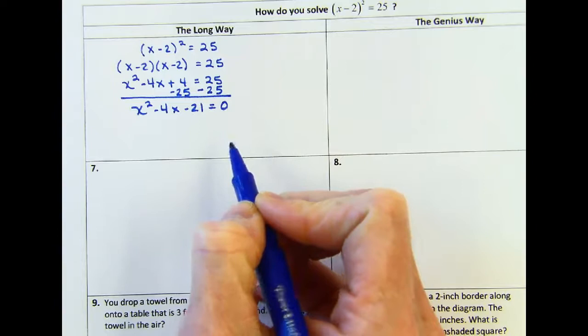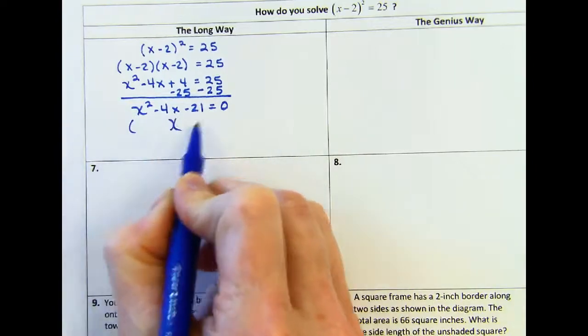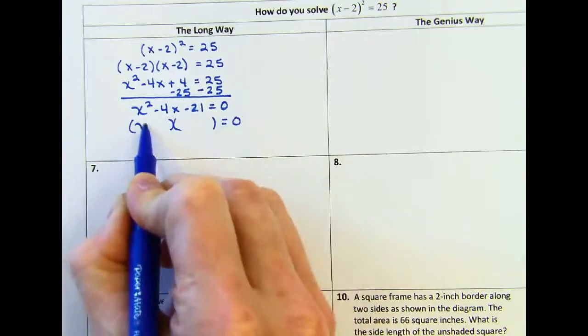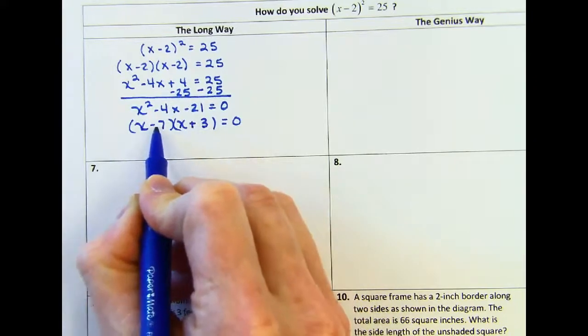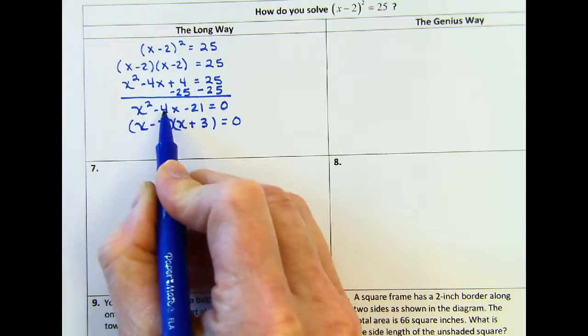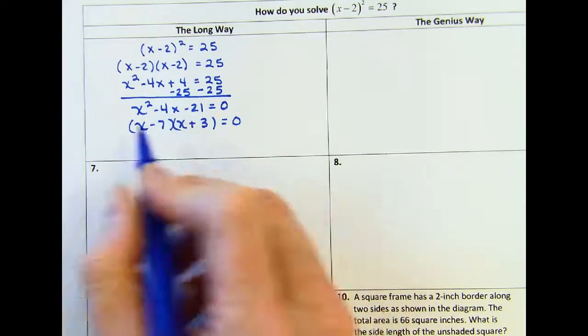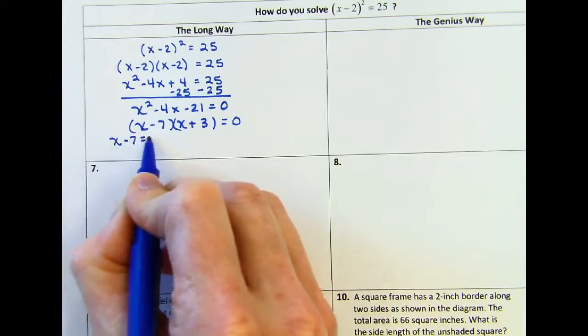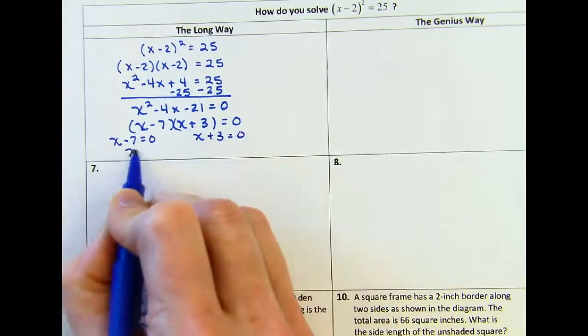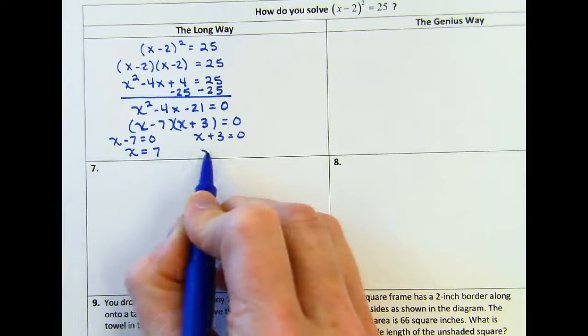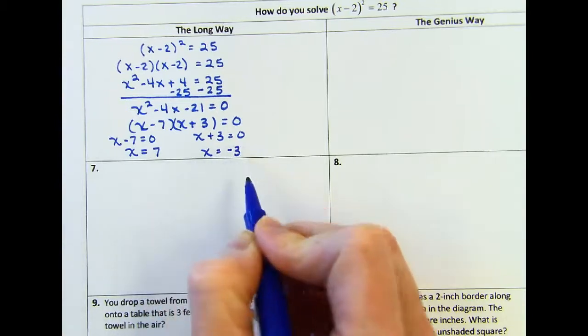Then you would finally factor it using the factors of 7 and 3. The 7 would have to be negative, and the 3 would have to be positive to make the negative 4 happen in the middle. Then you would finally use the zero product property to get both of your solutions. So x equals 7, x equals negative 3.